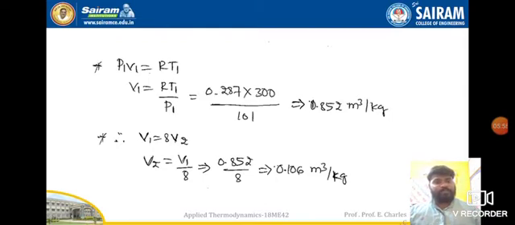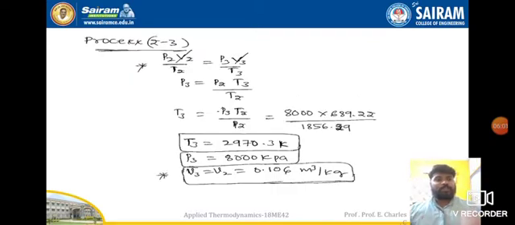So V1, V2, P1, P2, T2, everything is known. Then we switch over to the 2 to 3 process. 2 to 3 is a constant volume process, so V2 and V3 cancel on both the sides. Then P3 is equal to P2 T3 by T2.